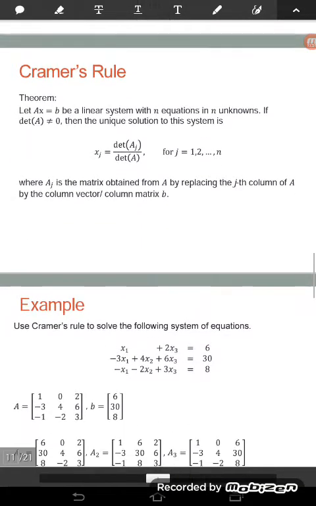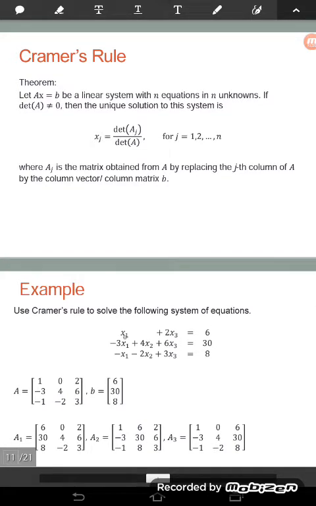For example, x1, x2, x3, whereas the previous example used x, y, z. Where Aj is the matrix obtained from matrix A by replacing the j-th column of A by the column vector or column matrix B.